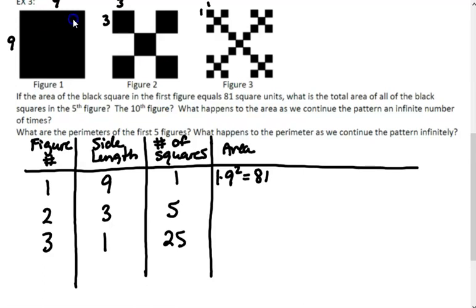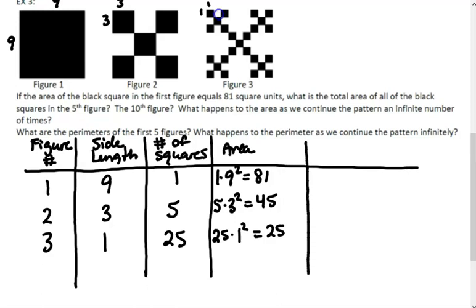The second one, I have 5 squares, and each of them has an area of 3 squared. So 5 times 3 squared, which is 5 times 9, which is 45. In the third figure, I now have 25 squares, but they're each only a 1 by 1 square, so it's 25 times 1 squared, which is 25. Okay, so those are the areas that I have so far.